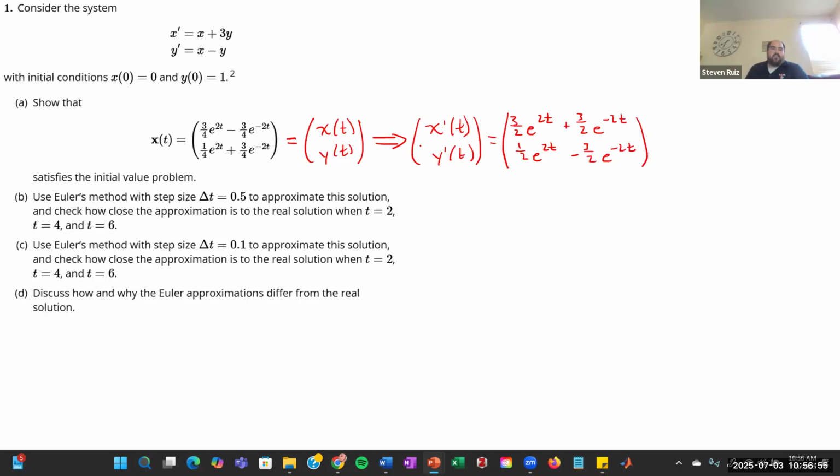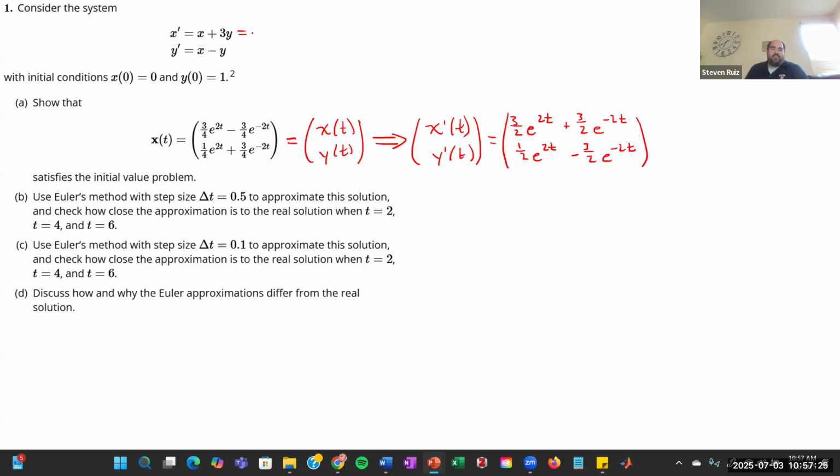All right, so now let's verify our equations here. Actually, let's just do this. Let's figure out x plus 3y, and we'll verify that against our derivative.